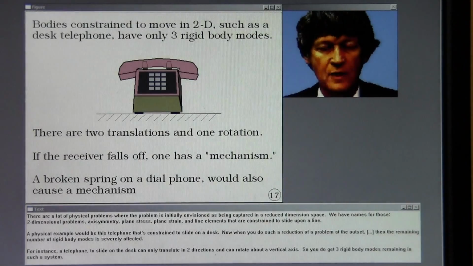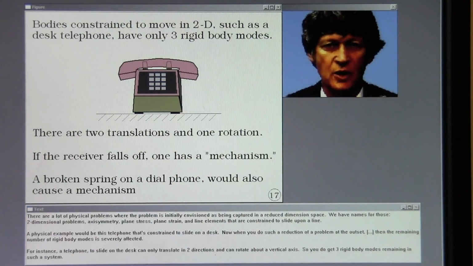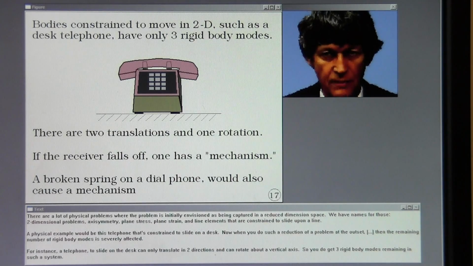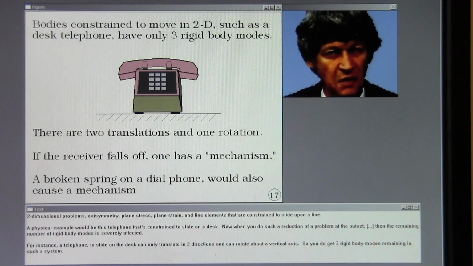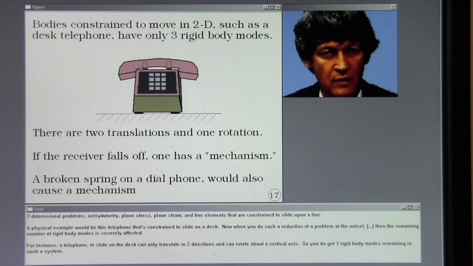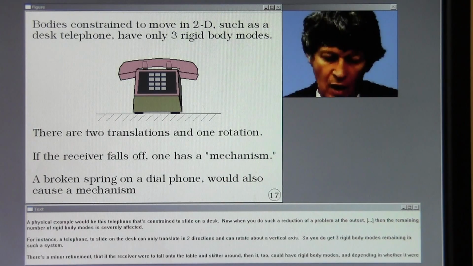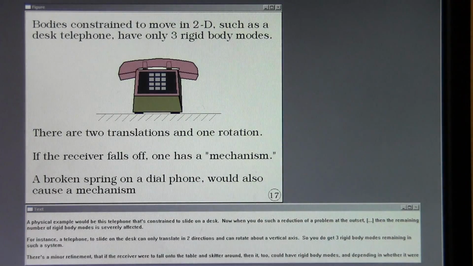There are a lot of physical problems where the problem is initially envisioned as being captured in a reduced dimension space. We have names for those: two-dimensional problems, axisymmetry, plane stress, plane strain, and line elements that are constrained to slide upon a line. A physical example would be this telephone that's constrained to slide on a desk.